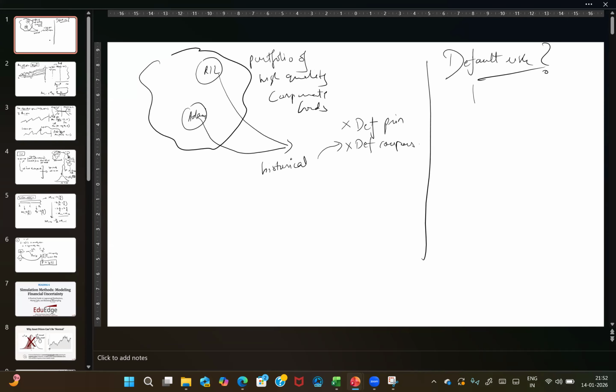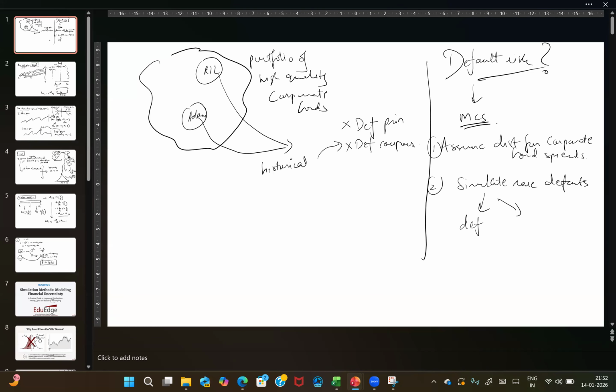So there we will utilize the Monte Carlo simulations approach, where we will assume a certain distribution for these corporate bond spreads or prices. After assuming this distribution, we're going to simulate rare events like defaults or rating downgrades.